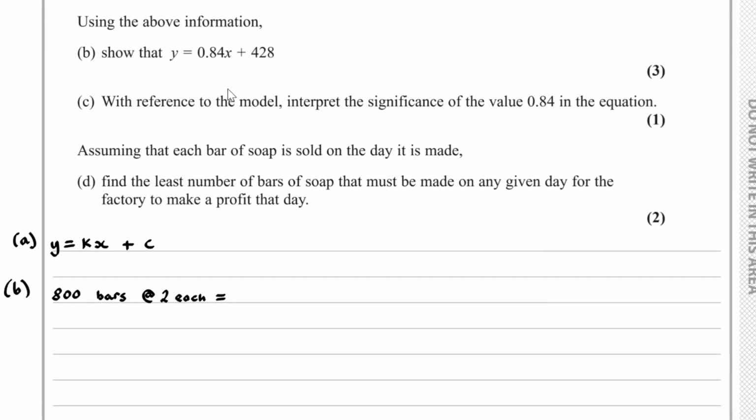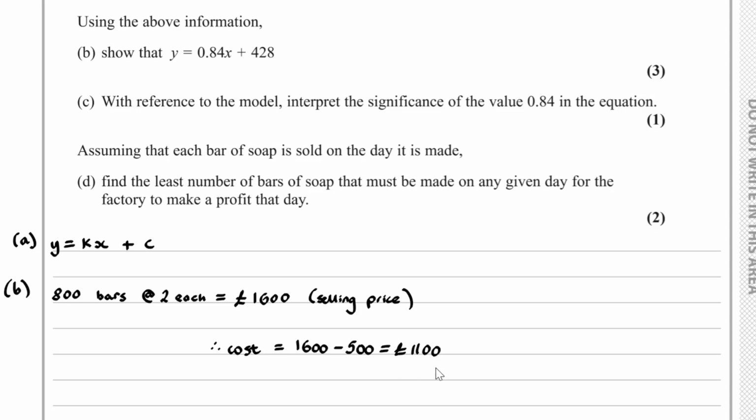So the total selling price is £1,600. The cost is equal to the selling price minus the profit. So we have 1,600 minus 500, that's equal to 1,100. So here we have £1,100.